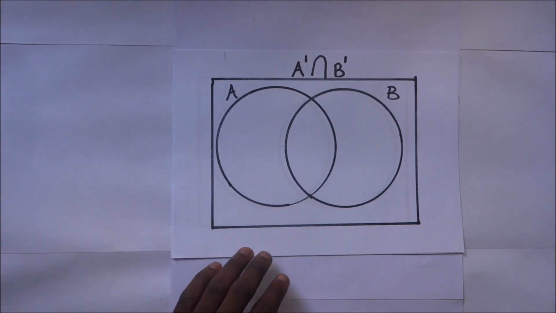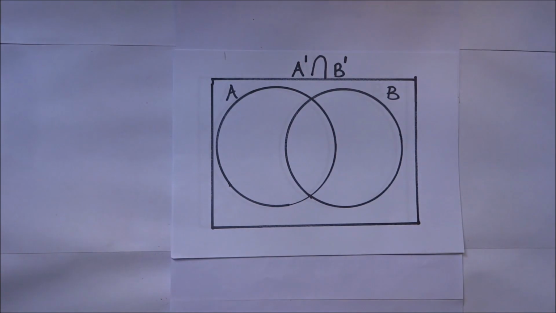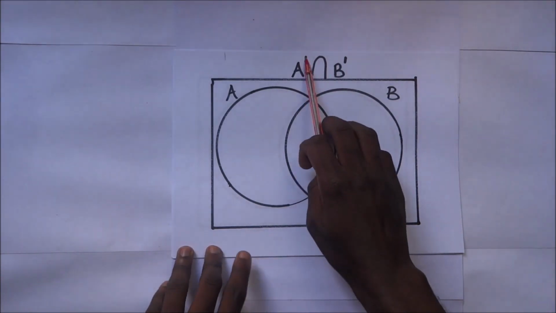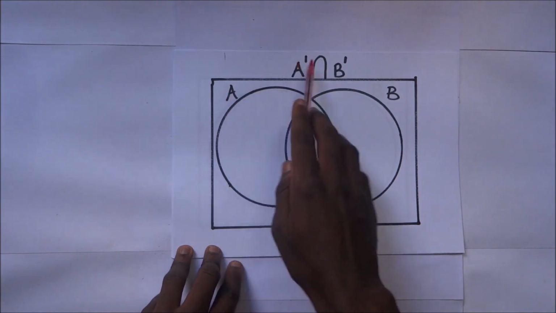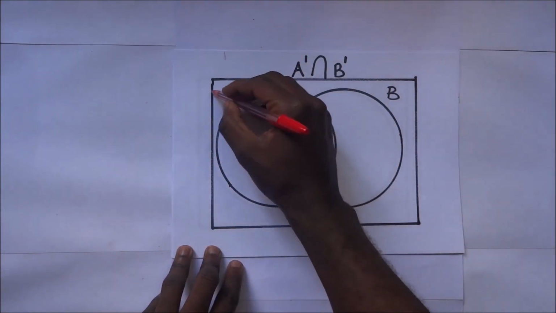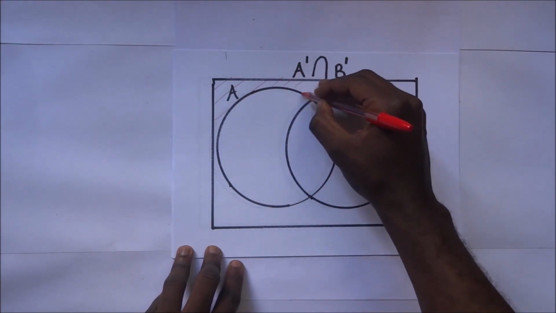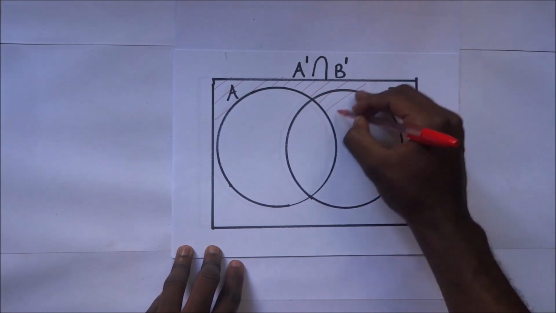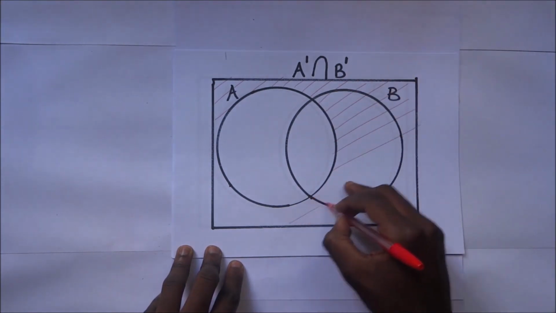So we have set A complement intersection B complement. Now A complement means that we shade everything else but A. So we shall shade outside A for A complement in that direction. So shading set A complement means you're going to shade outside set A and you're going to leave set A intact like that.